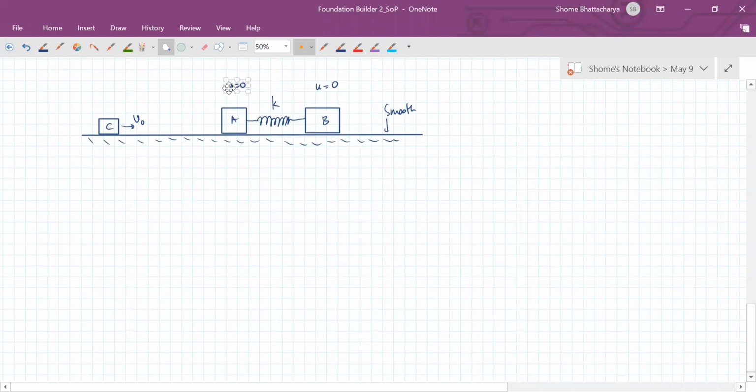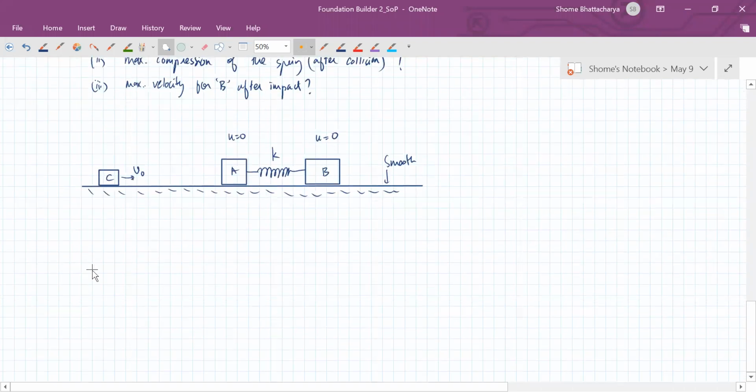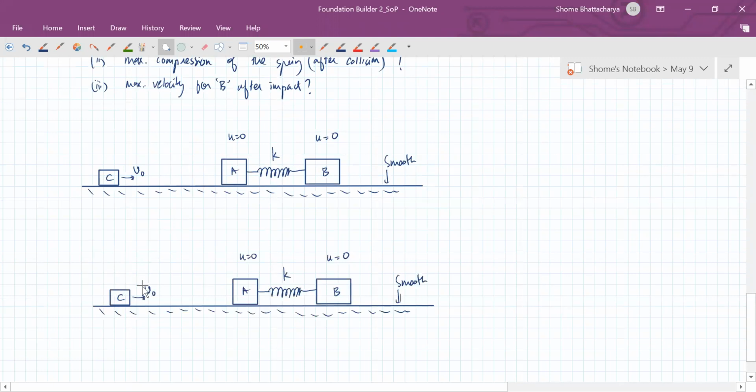Okay, so again, what we'll see is that immediately after the impact, let's say this has a velocity v2, and we'll see that this will have a velocity that we can prove from the formula.